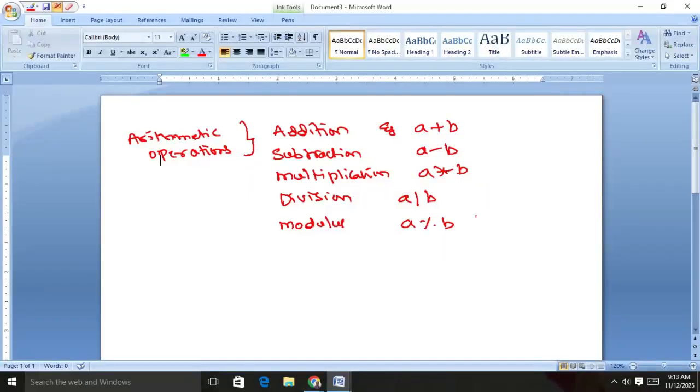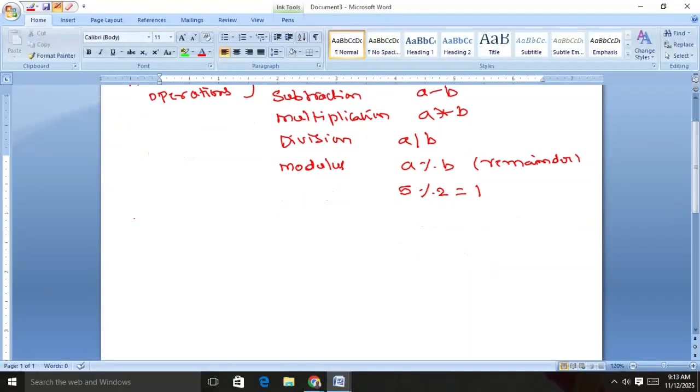This gives the remainder value. That means 5 modulus 2 equals 1. So these are the basic arithmetic operations.